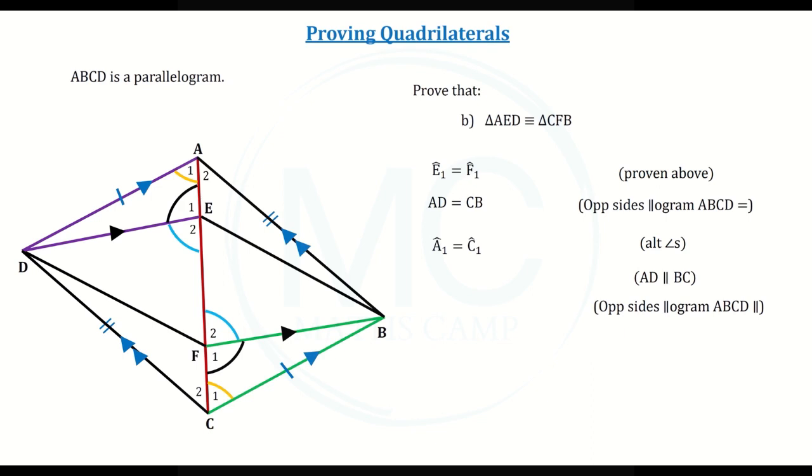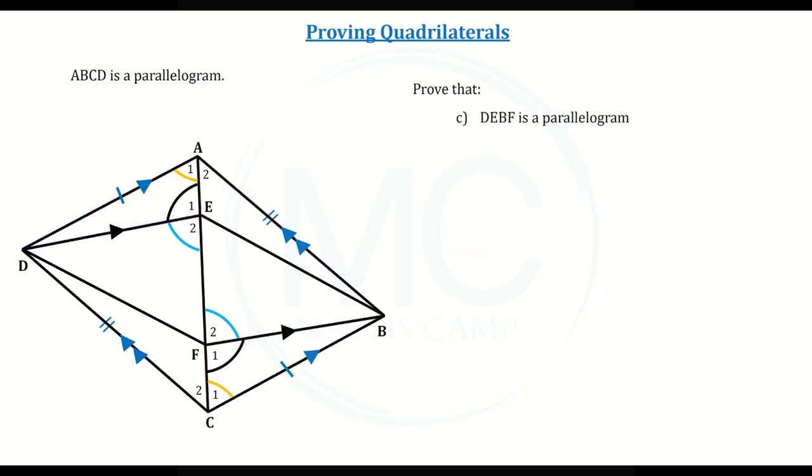Now we have two pairs of corresponding angles and one pair of corresponding sides. So we have now proven that triangle AED is congruent to triangle CFB because of two angles and a side. So as our reason, we use AAS for angle, angle, side.